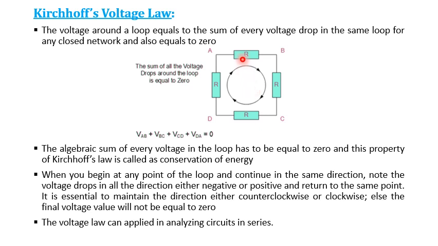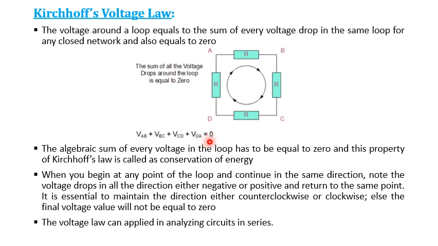The voltage drop across the first resistor is termed VAB, across the next resistor VBC, across the next VCD, and here VDA. According to this law, the sum of all these voltage drops across the loop is equal to 0. That is, VAB plus VBC plus VCD plus VDA is equal to 0.